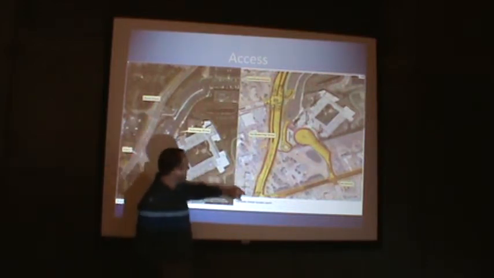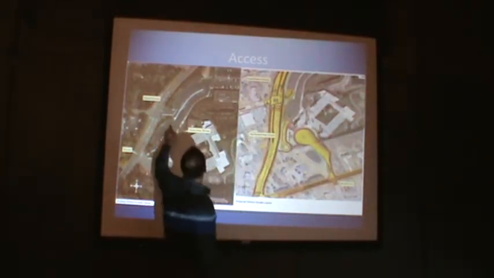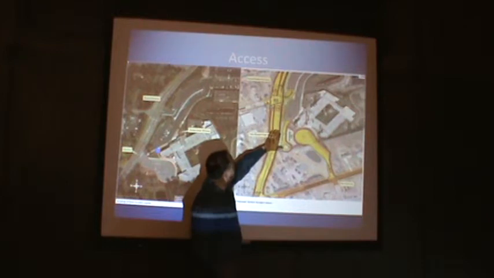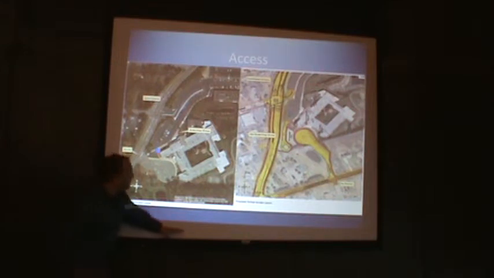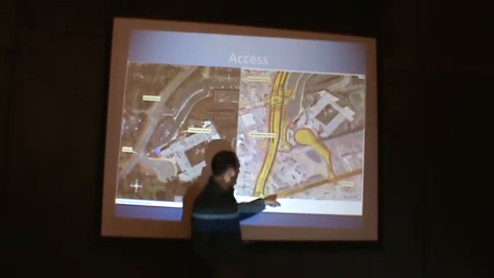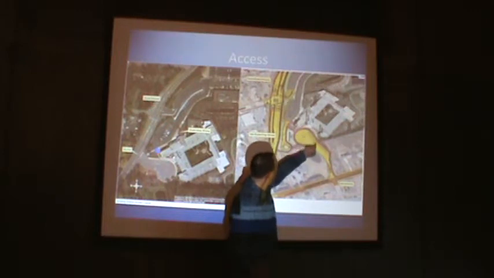So over here, what you see is this is closed off now, and the parents have to go all the way up and around, and then they come through this loop here and all the way back. So they have stacking now inside the parking lot to go in and out. And the other thing that they did is they totally eliminated that bus entrance off of the highway, and they're bringing it down, way down here, on this existing road. And they're making a new entrance off this side road where they're going to have an intersection here. And so the buses can come in and park and then drive around and come back out.